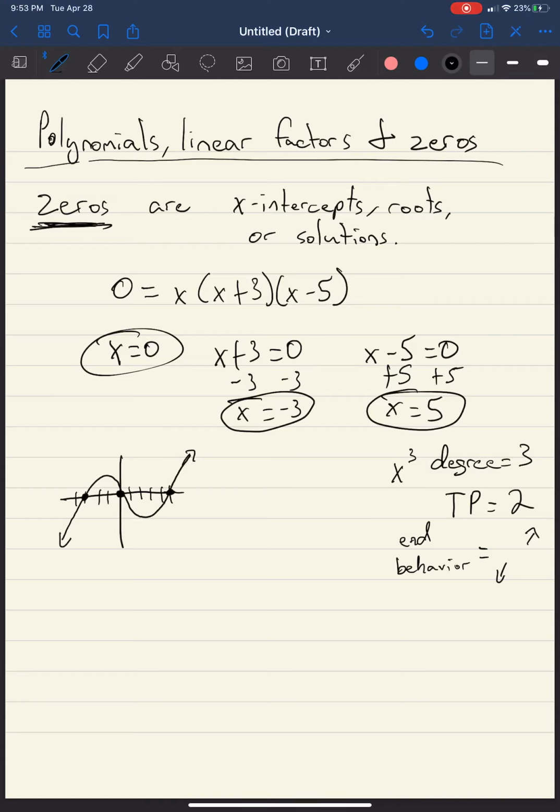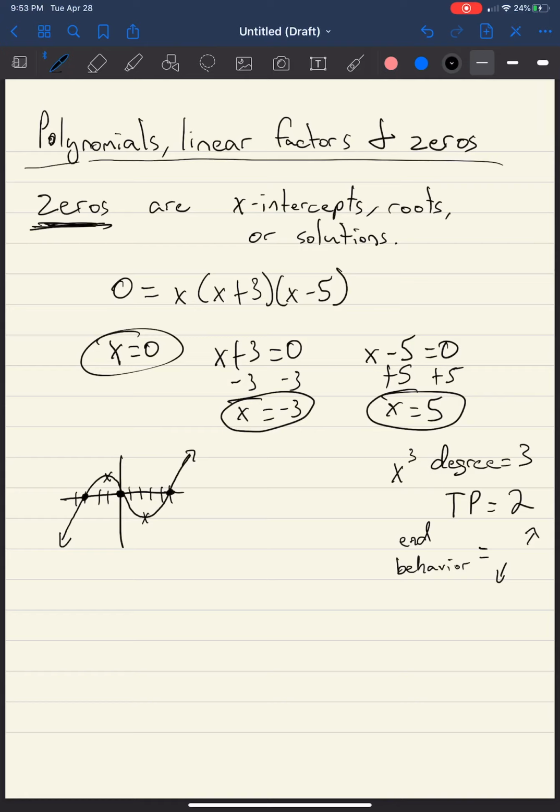So that's my sketch. I have two turning points, one here, and there's my second one. I have my x-intercepts at 0, -3, and +5, and my end behavior is down, up.